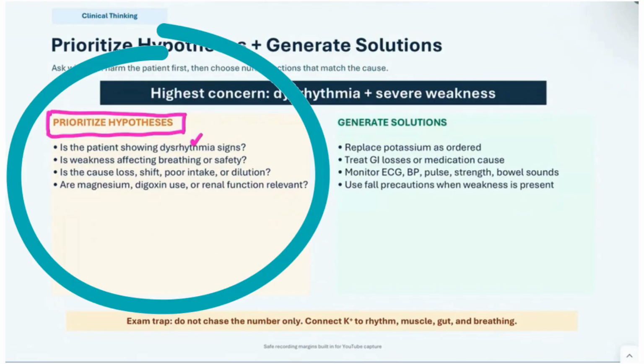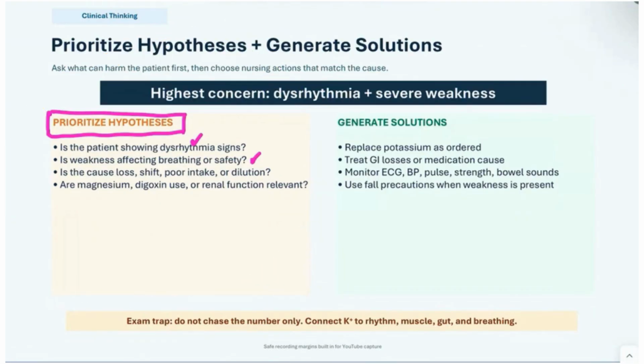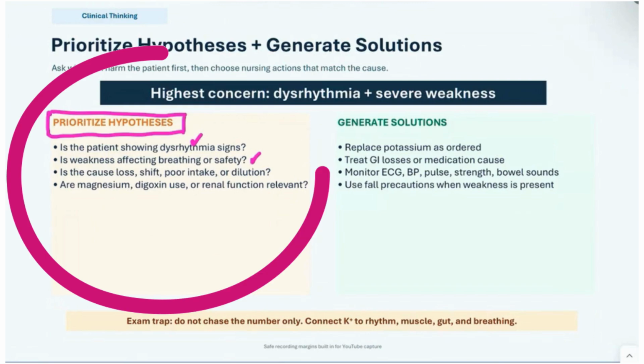Now, look at the severity of the muscle weakness. Is the patient simply weak, or has the weakness progressed enough that it's already affecting the patient's breathing patterns or creating a safety problem? Then determine why the potassium is low.